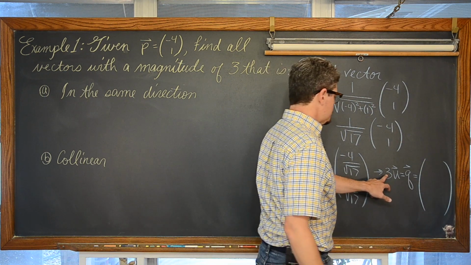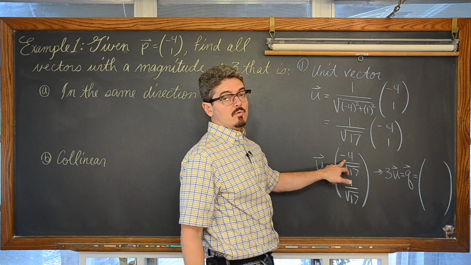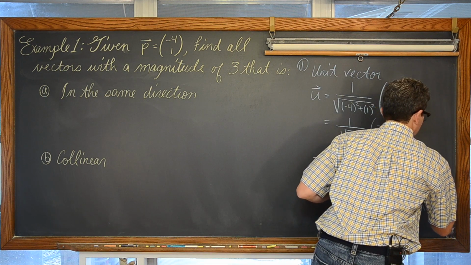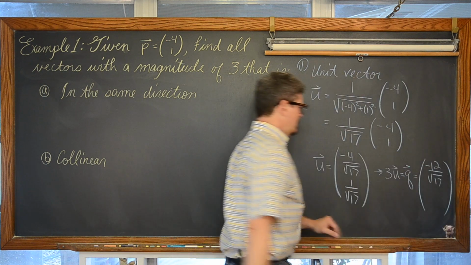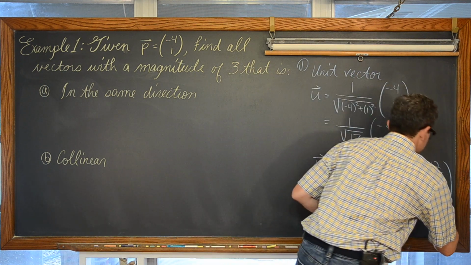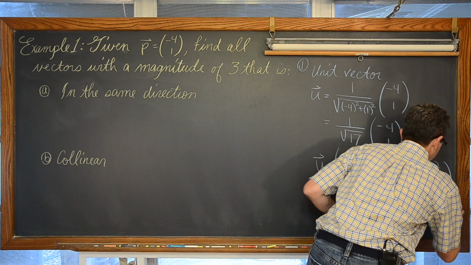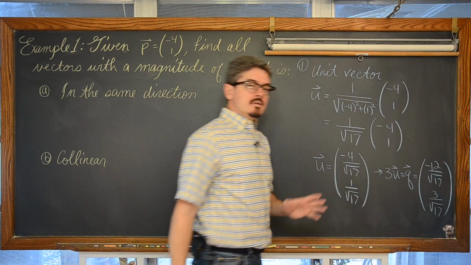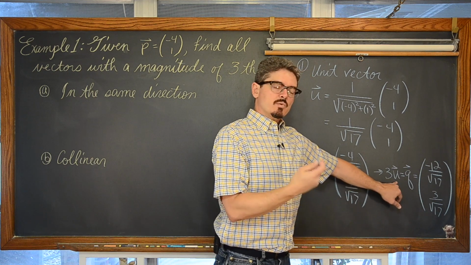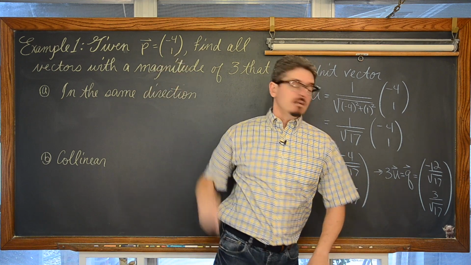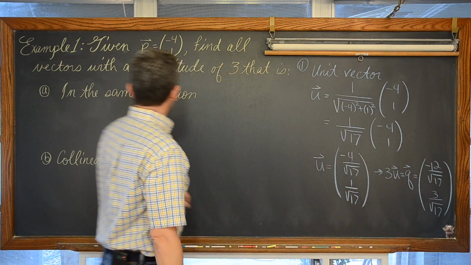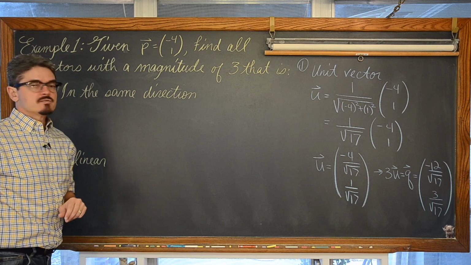So we have 3 times -4 is -12 over the square root of 17, and we have 3 times +1 over the square root of 17. And this vector, either you call it 3 times the unit vector, which we derive from vector p, or vector q, is going to be a vector which is going in the same direction as vector p.